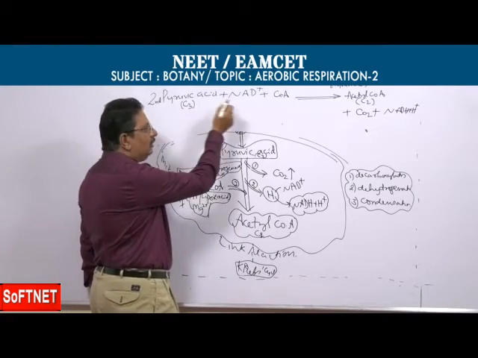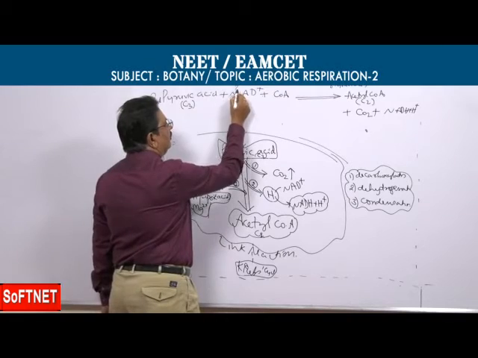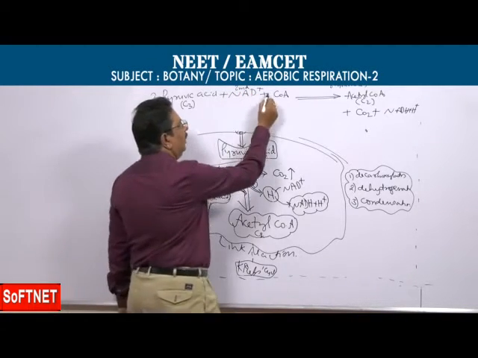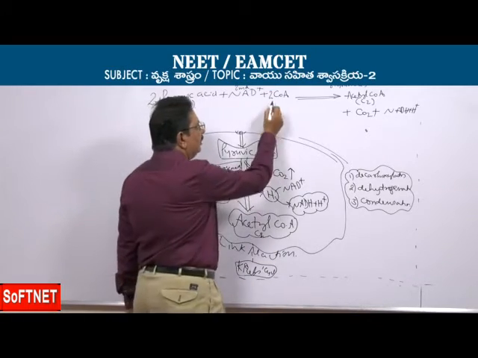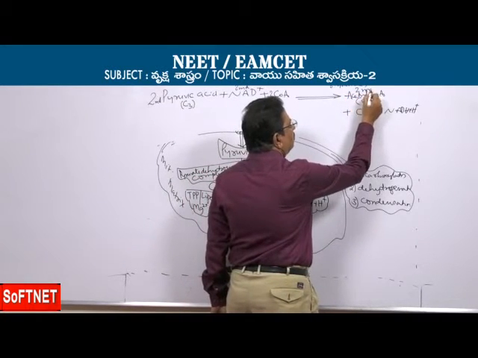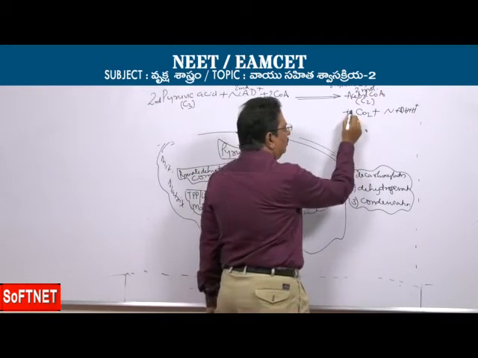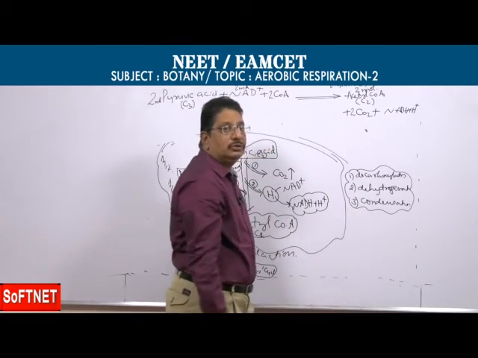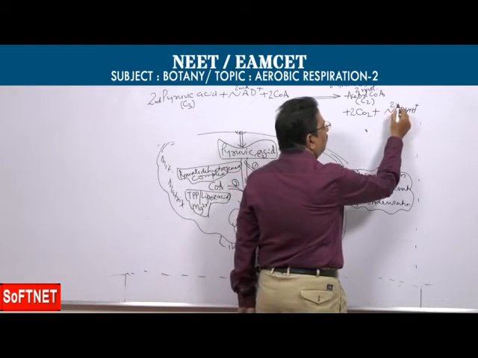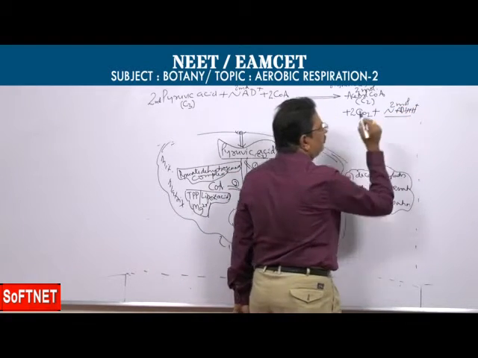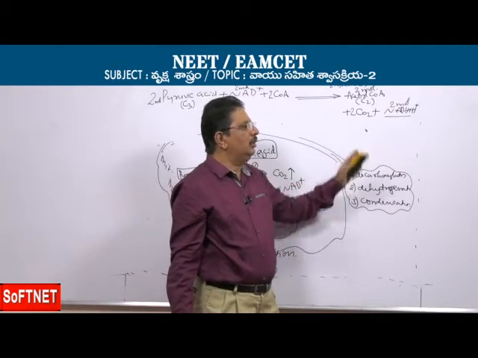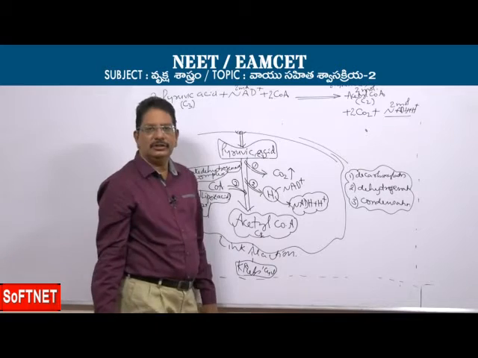So, for conversion of 2 molecules of pyruvic acid, they require 2 molecules of NAD plus and 2 molecules of coenzyme A. As a result, we will get 2 molecules of acetyl coenzyme A. So, there is 2 molecules of CO2 liberation and 2 molecules of reduced coenzyme. You can call this a reduced coenzyme. Two molecules of NADH plus H plus.